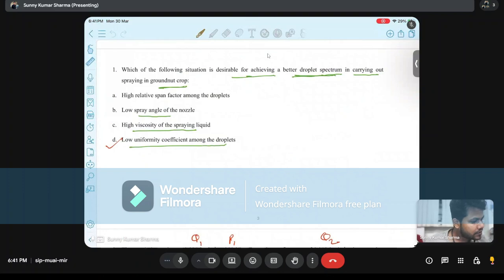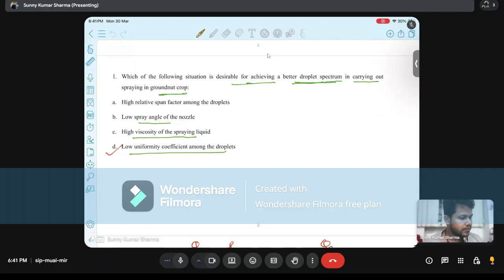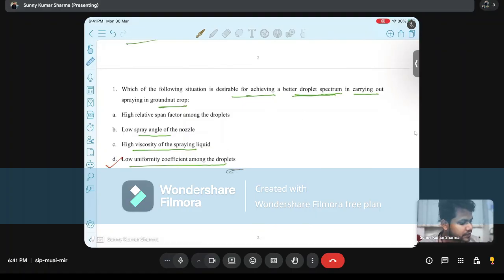This one, no? It was for groundnut crop, but here they have given it for agricultural crop. Okay, okay, okay. Same answer would be uniformity coefficient.